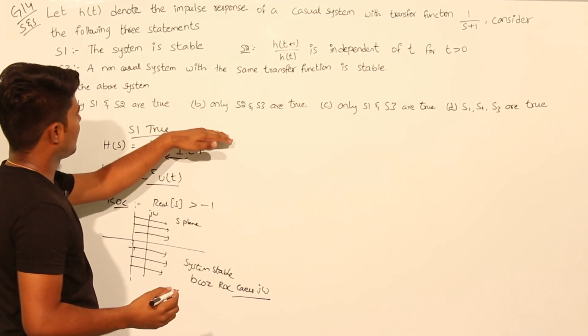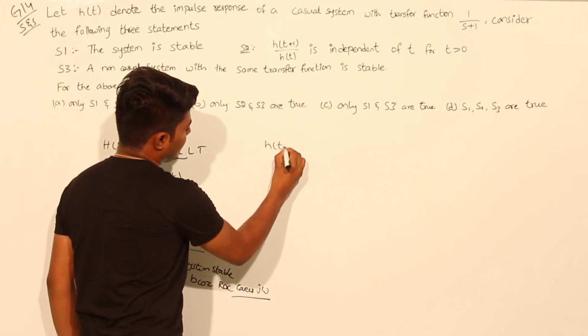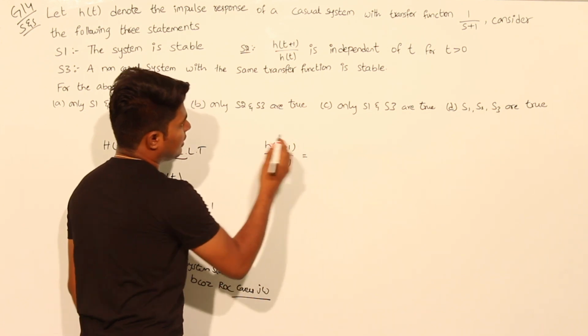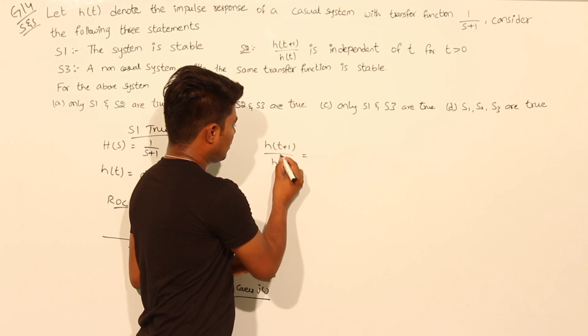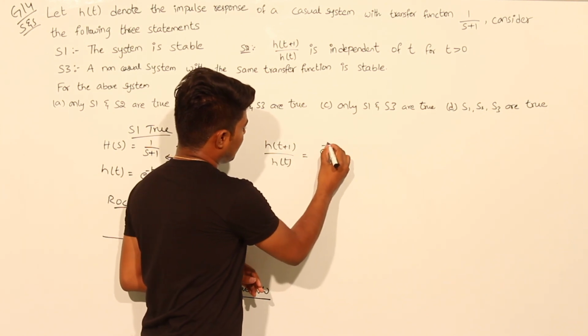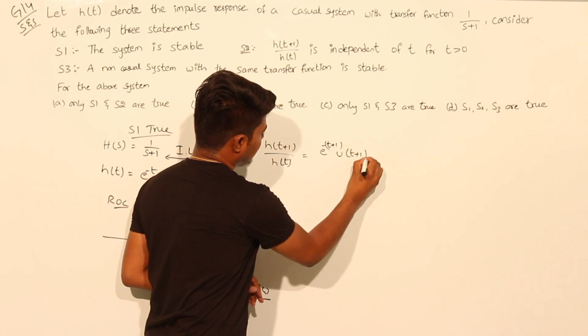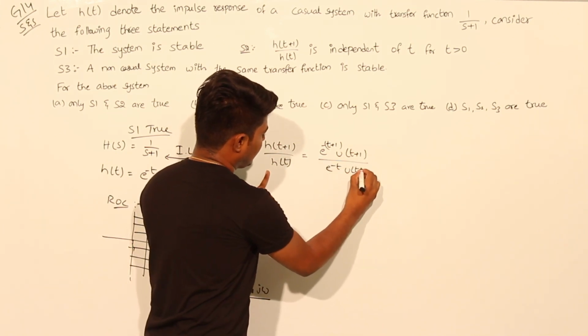Now coming to the second statement, h of t plus 1 by h of t is independent of t for t greater than 0. We will check this. Now this will become e power minus t plus 1 u of t plus 1 by e power minus t u of t.